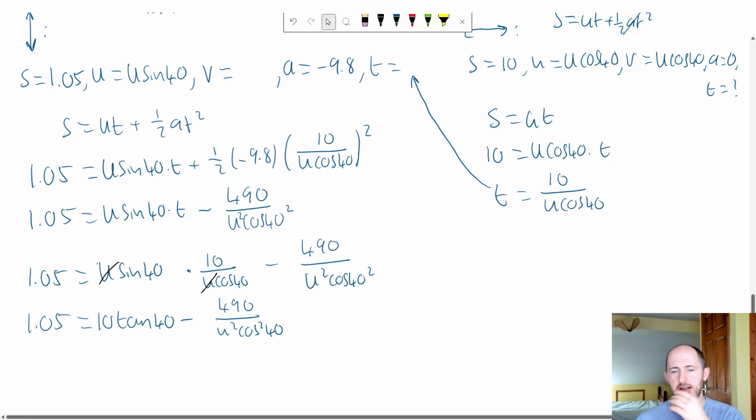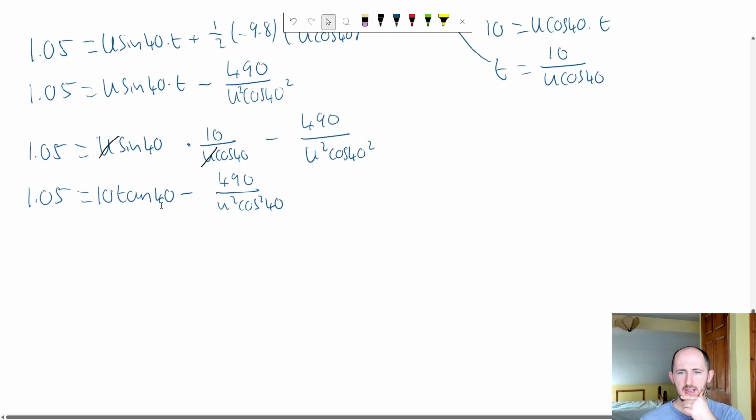Now to rearrange this, all you'd have to do is times everything through by u squared, bring it all to one side and factorize it and do all that fun stuff. So to make my life easier, I'm going to move this 10 tan 40 over to the other side first. This looks horrific, but I promise you we're actually on the right track.